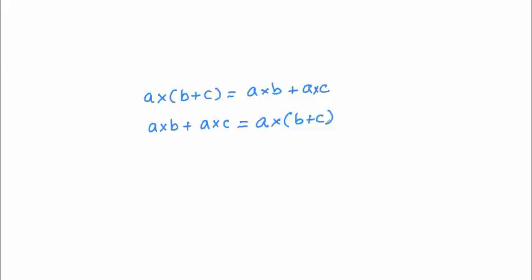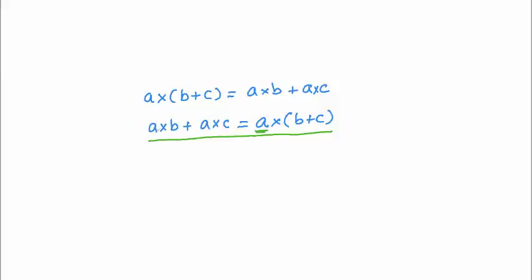So many times you will also need to use the distributive property this way. In this case, we have two multiplications and in between there is an addition, and we see that in these two multiplications, the number A is common between them. So we can take that common number out and multiply inside.